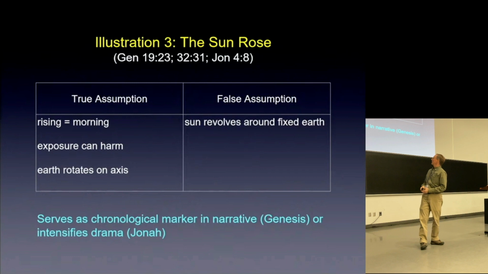Now, if you're reading the book of Jonah, the sun's coming up in Jonah chapter 4, and you're going, uh-oh, Jonah's out on the east side of the city, and it's the desert, and he's going to get scorched. So what assumptions are relevant, implicated by the speaker or writer in the communication situation, change based on context.